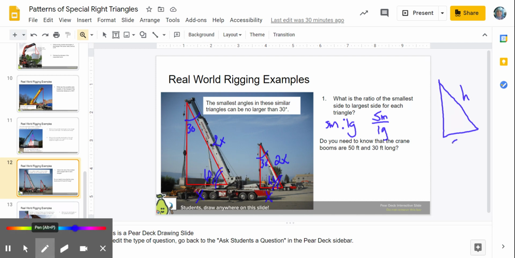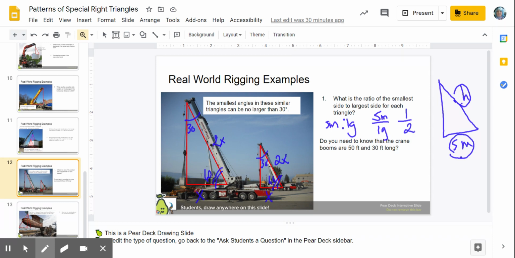The hypotenuse is bigger, right? And how much bigger is the hypotenuse than the small side? Twice as big. So the ratio is 1 to 2. The big side is 2 and the small side is 1. That's our x and our 2x.